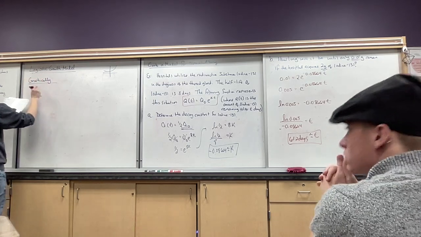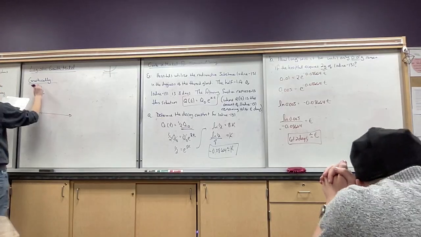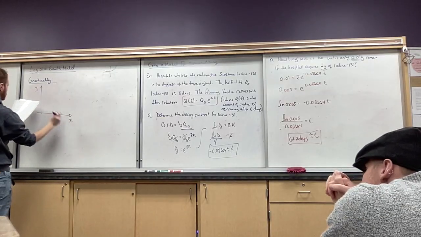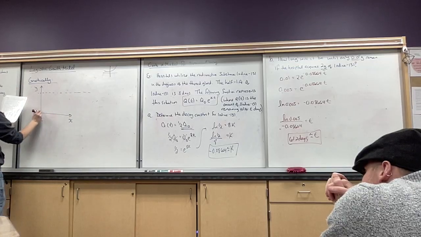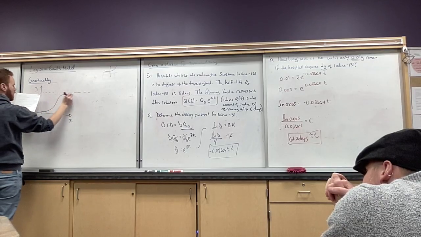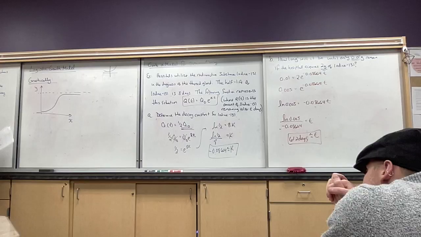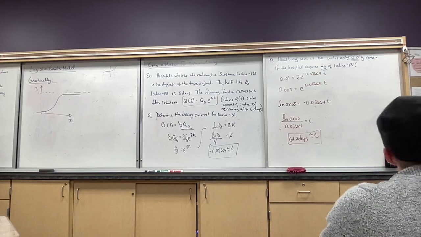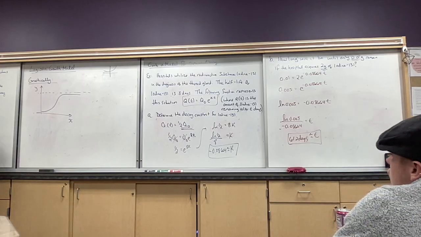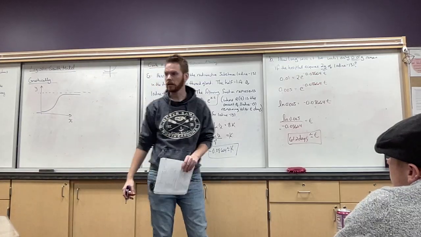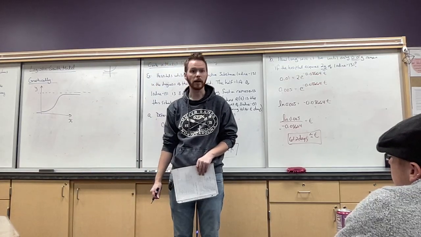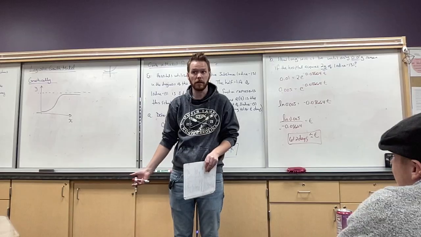Okay, so here's my XY axis, horizontal asymptote, and it goes something like this. Okay, now why does it do that? Well, think about Ohio for instance. Do we have a limit of how many people can live in Ohio? Mm-hmm. Yeah, right? Okay, there's only so many people that can live here.